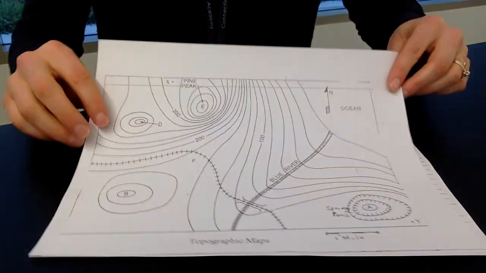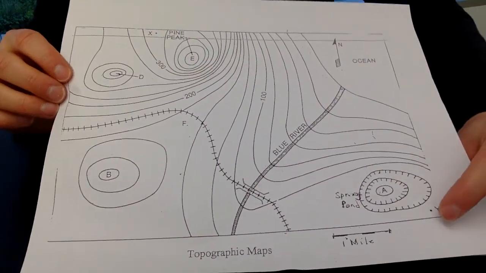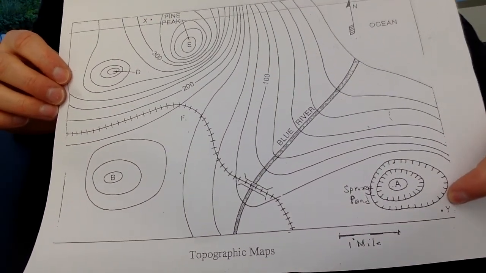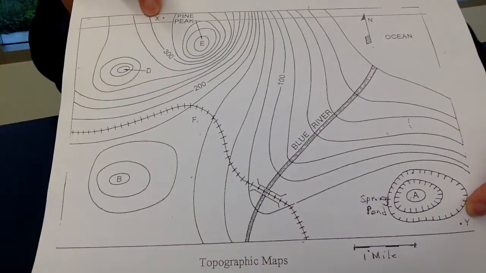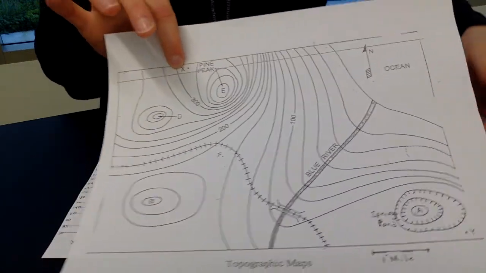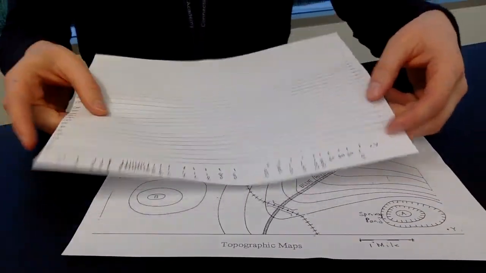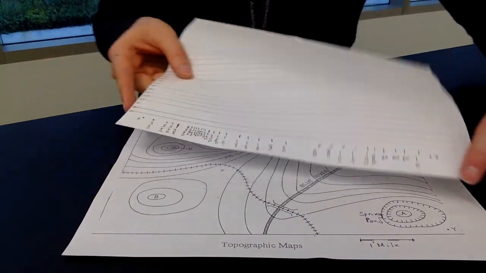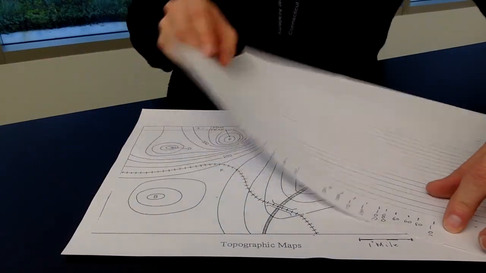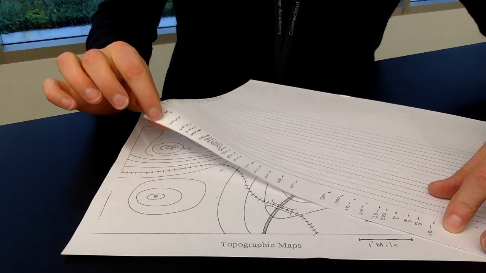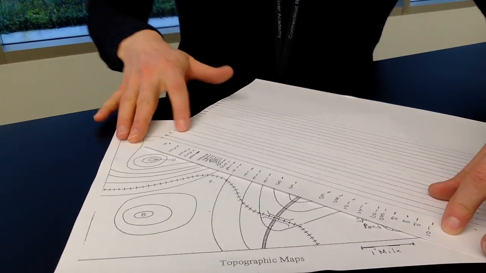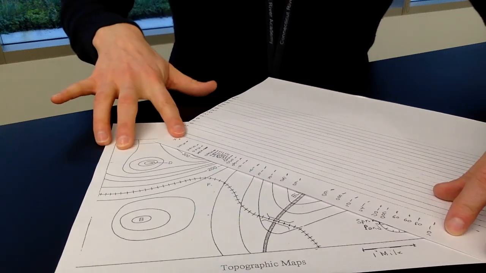If you look at this map closely, there is a y down here in the bottom corner and an x up here in the top corner. All I did was take this graph paper and line up the y over the y at the bottom corner and the x over the x in this corner of the map.